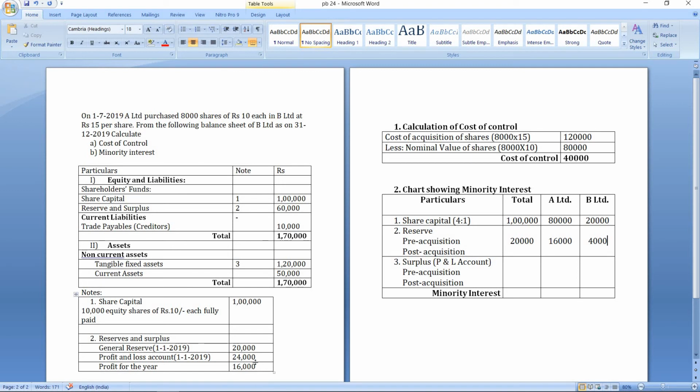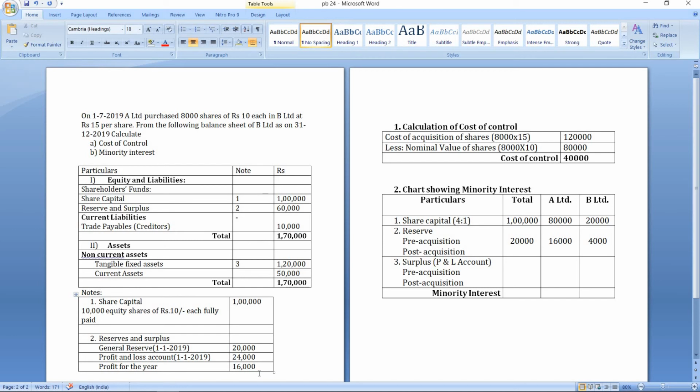So out of the profit for the year, that is 16,000, we have to consider the profit for 6 months. Why 6 months? Because the financial year starts from 1st January and the shares are acquired on 1st July. So from 1st January to 1st July, it will be 6 months.